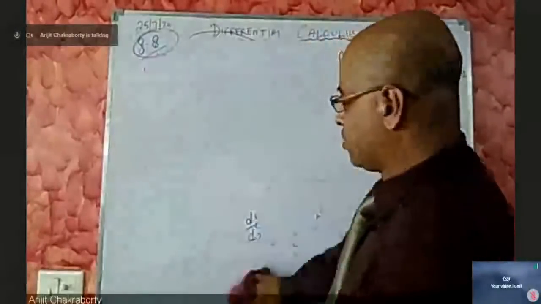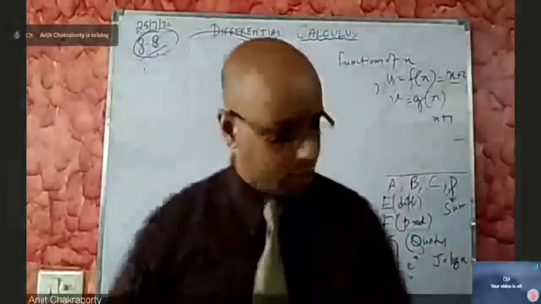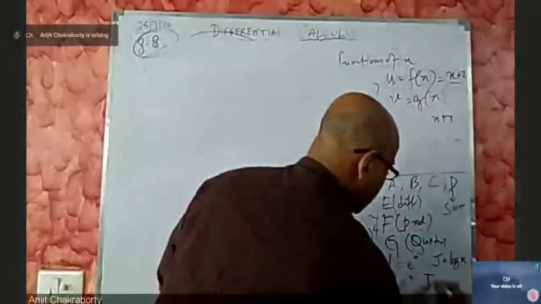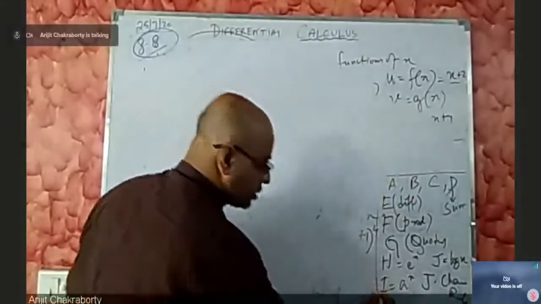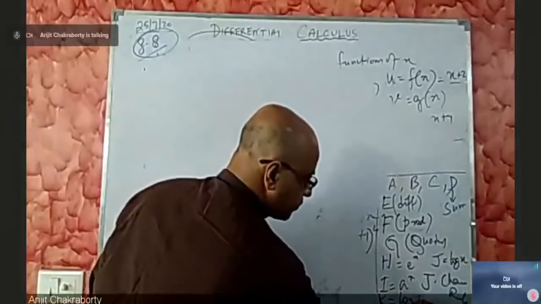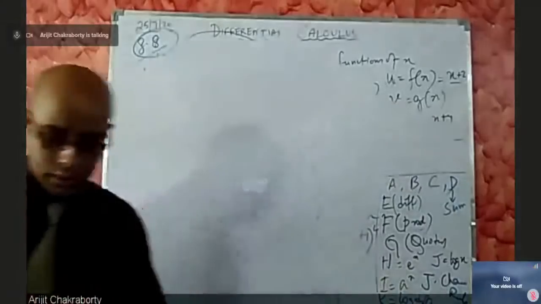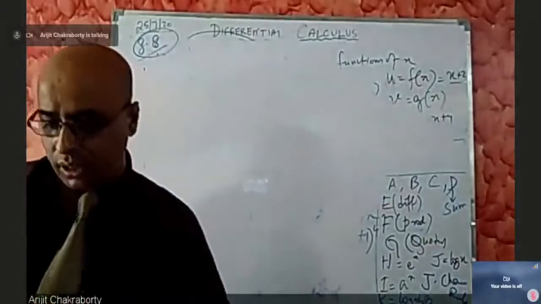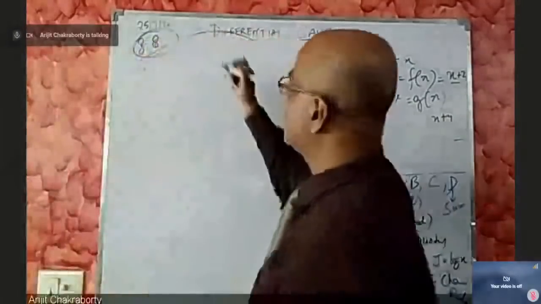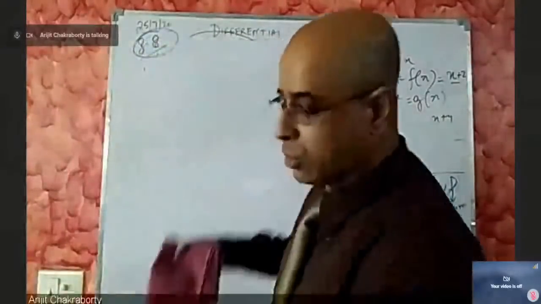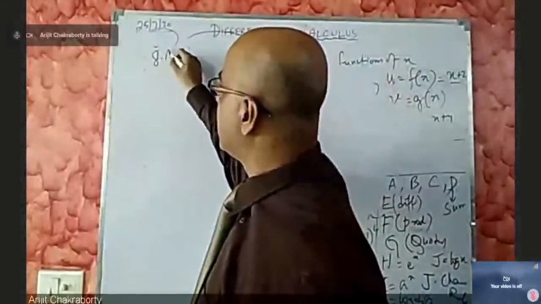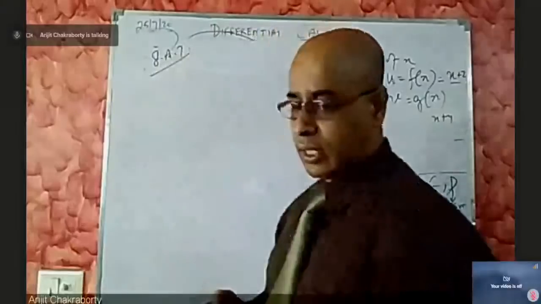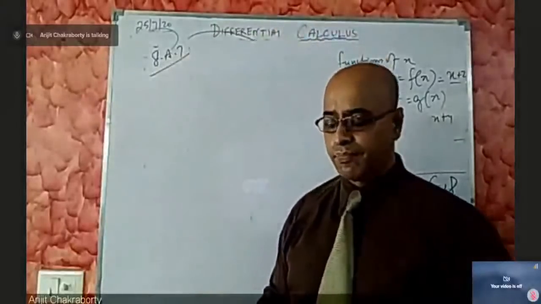So we have done the chain rule, I and J, and we are now going into K, that is logarithmic differentiation. So I request you to move to 8A.7 of the study material, logarithmic differentiation.